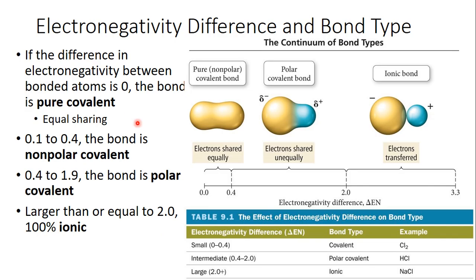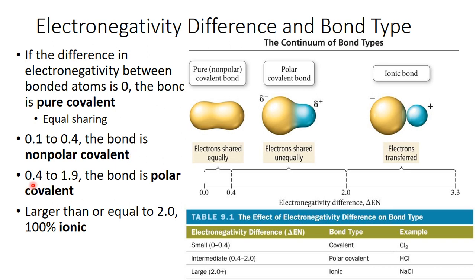You can actually calculate this level of polarity and what type of bond you have based on the electronegativity. If you have the same type of atom bonding together, you have pure covalent, which is 50-50 sharing of the electrons. If the electronegativity difference is between 0.1 and 0.4, then it's not polar at all; it's more like equal sharing as well.